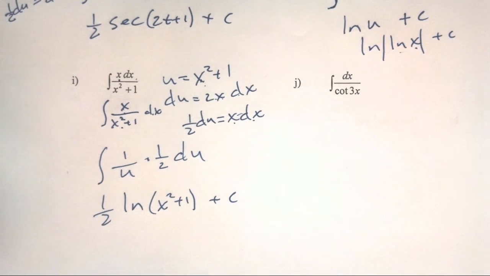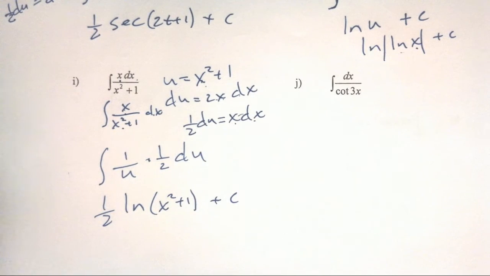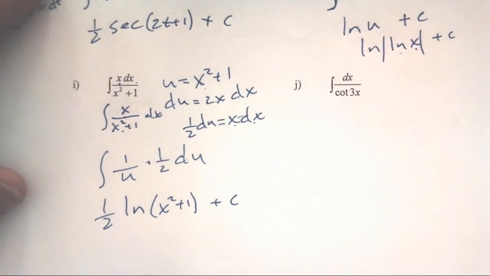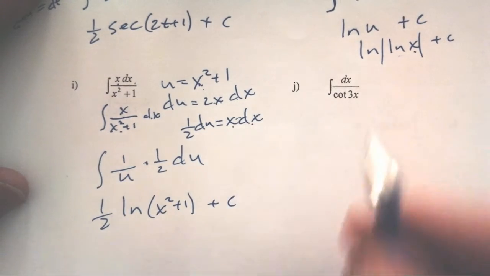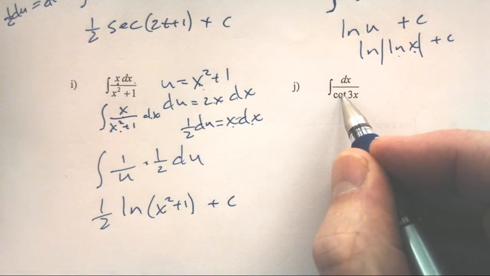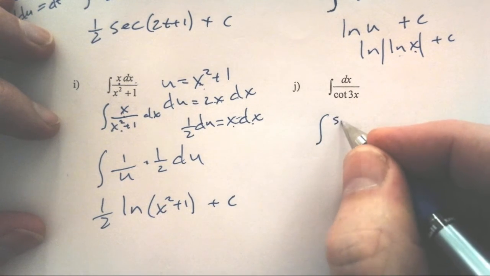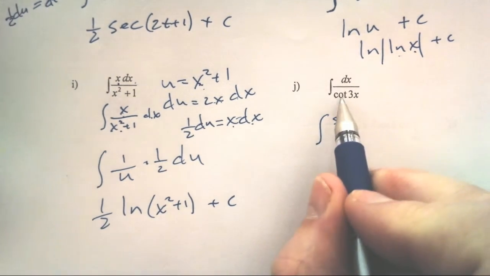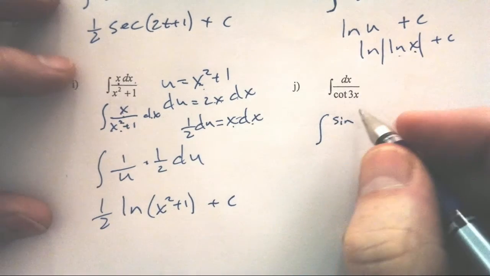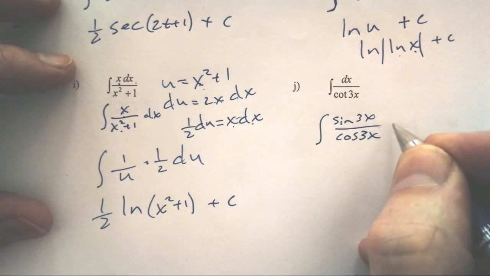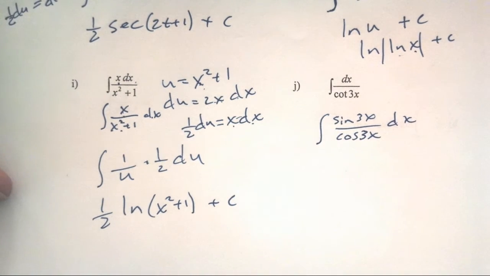What's the derivative that gets me straight to cotangent? We don't have one. So what are my options? I could call this cosine on sine, or this could be written as the integral of cosine 3x on sine 3x dx.